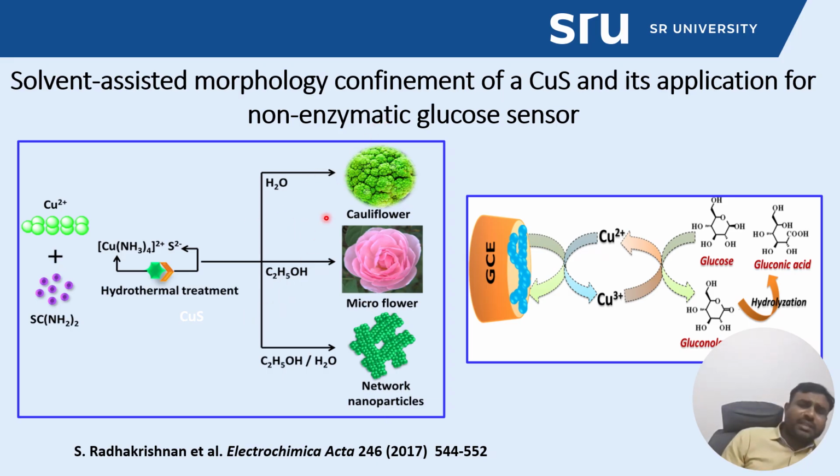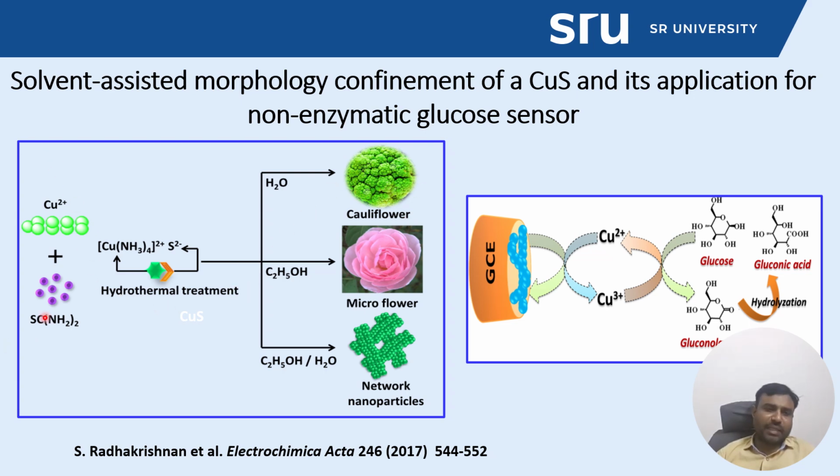Which means the copper sulfide formation is highly sensitive to the solvent. So here we are using copper acetate as the copper precursor, whereas the sulfur source is thiourea. When changing the solvent, for example, if we use water, we get a cauliflower-like morphology.